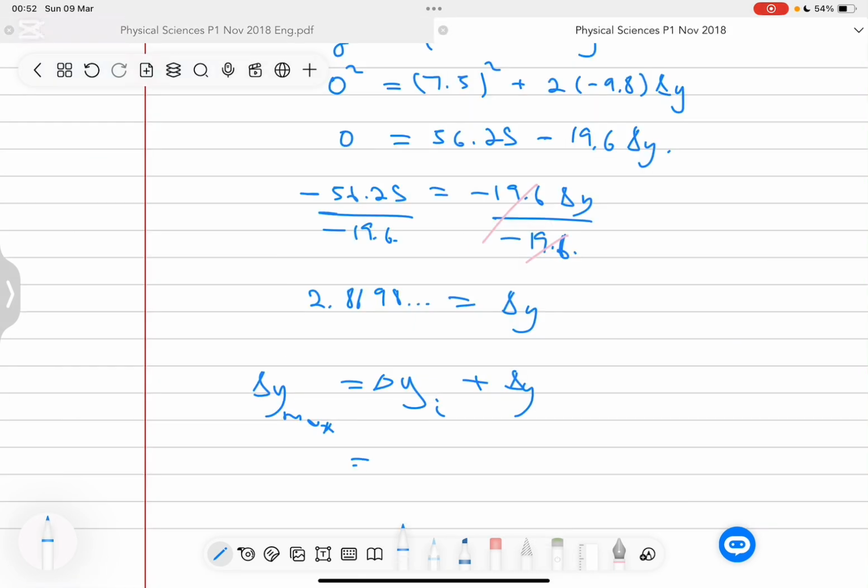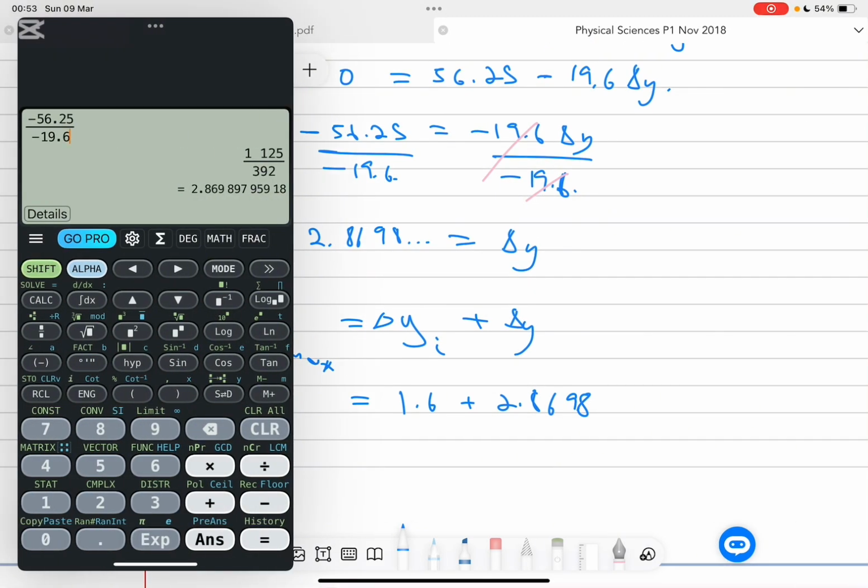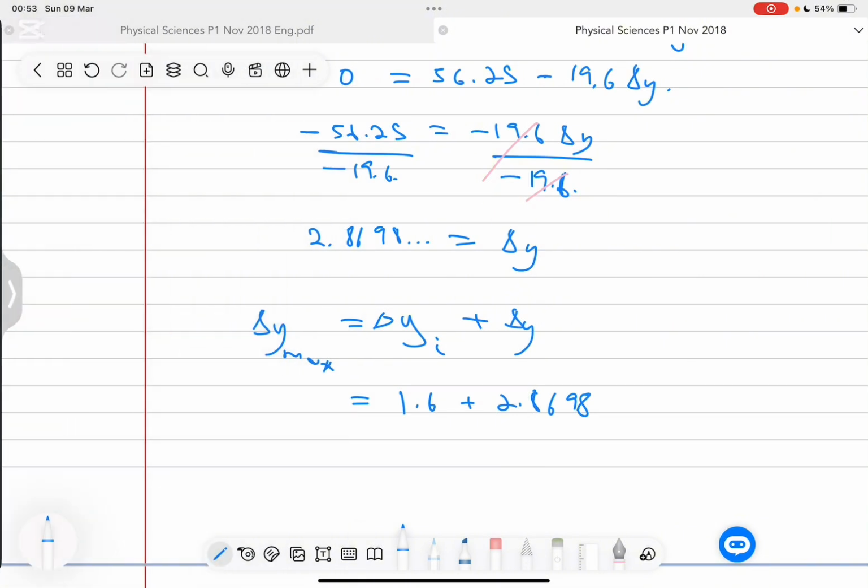Now this means here I'm going to have the 1.6 plus the 2.8698. And when I punch this on my calculator, I'm going to have 1.6 plus 2.8698, and that actually gives me a height of 4.47.